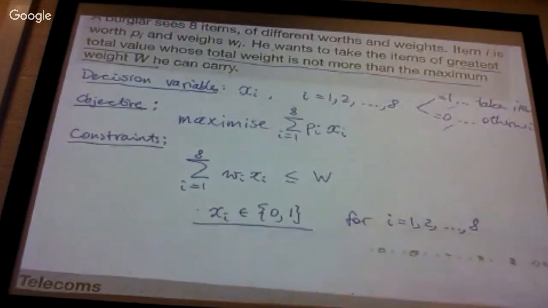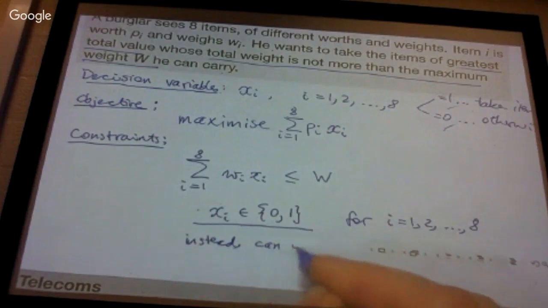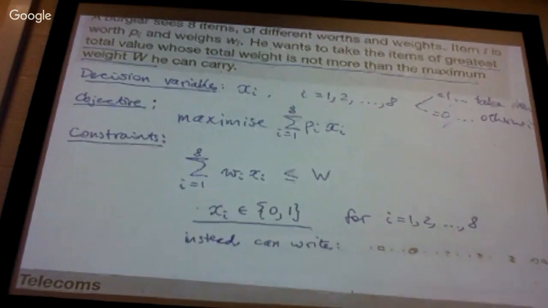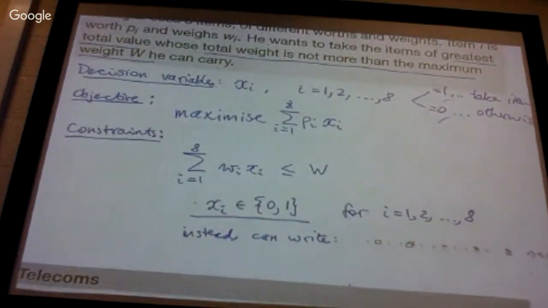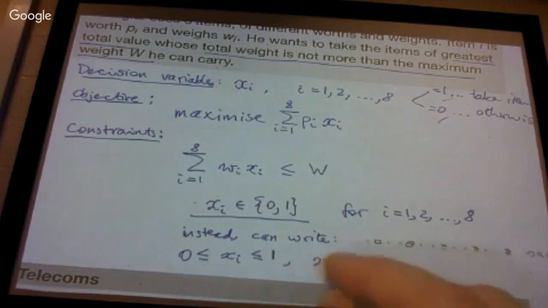We've talked about this before, but I'm just reminding you that this is the same as saying that xi is between 0 and 1, including 0 and 1, and integer.